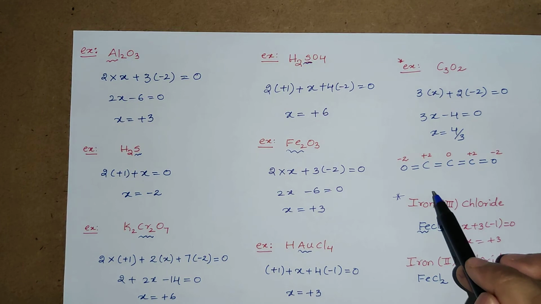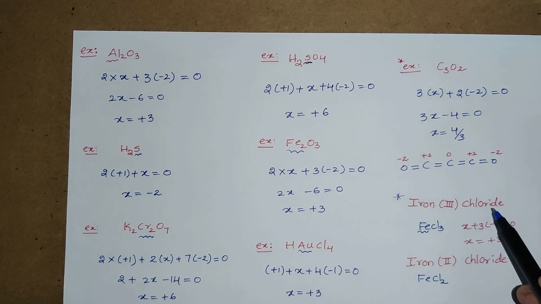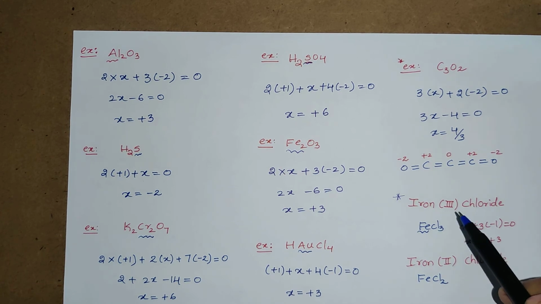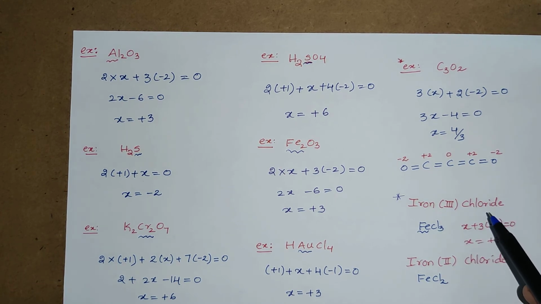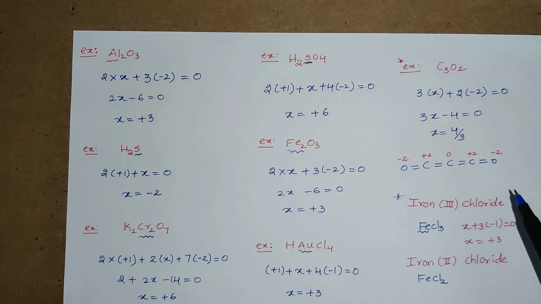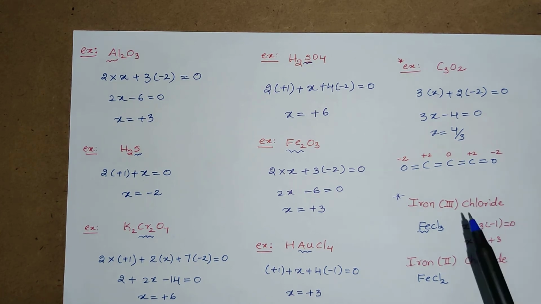Another important point here is the Stock notation. When we observe chemical bottles, especially in laboratories, we see Roman numerals in between the names of the compounds. Those Roman numerals are the oxidation state of that atom present in that compound.